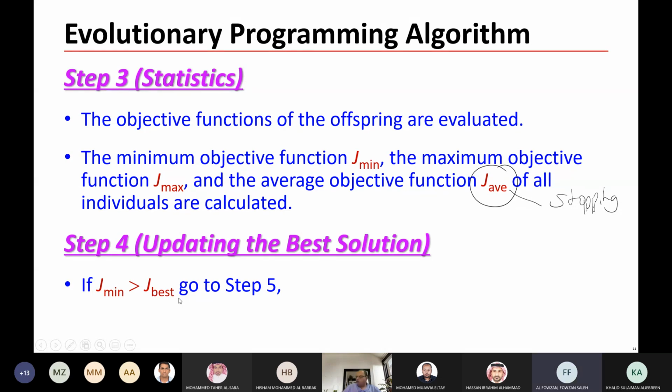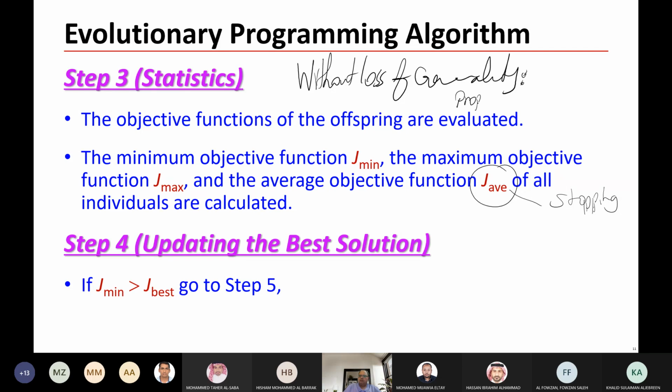Yeah, this is the best. We can select. This is a minimization problem, and without loss of generality we assume the problem is a minimization problem.